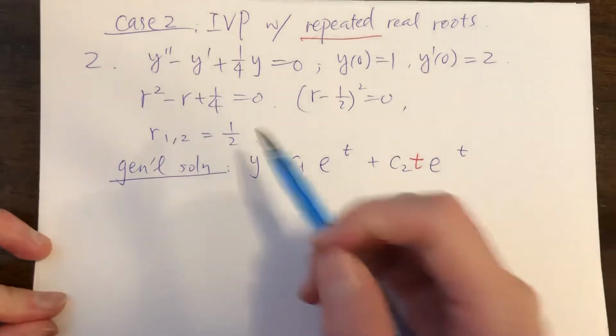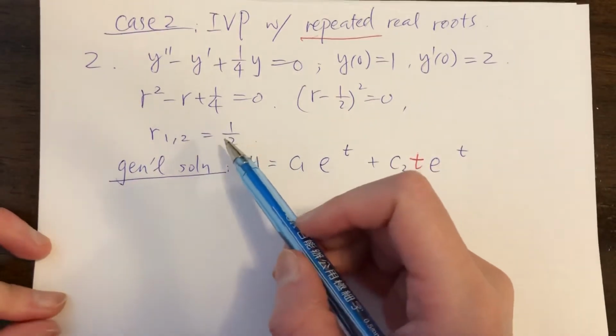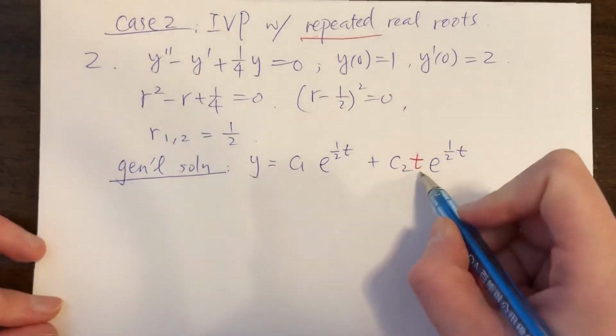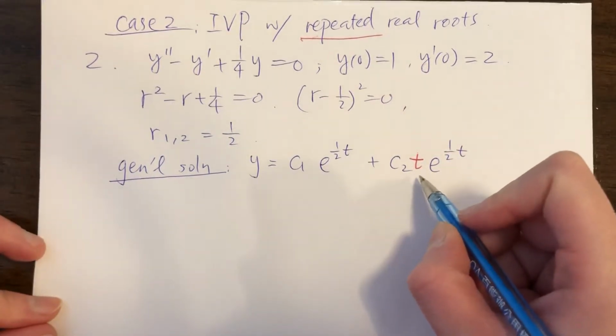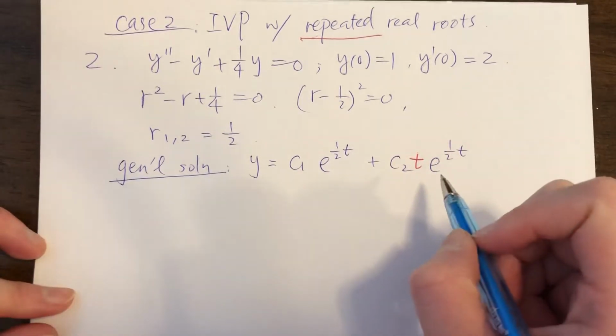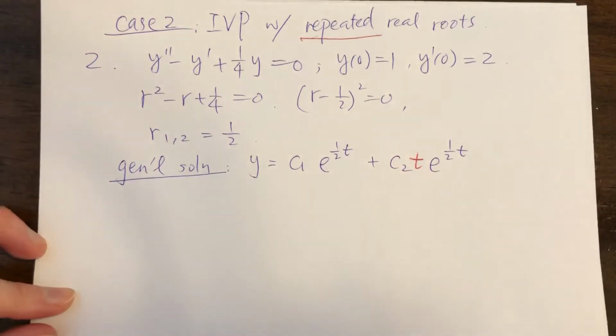And then the 1 half still goes here. So that's kind of the only new thing in this case. And then the rest of it is kind of just computation.